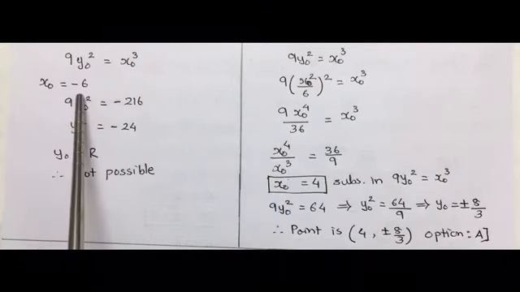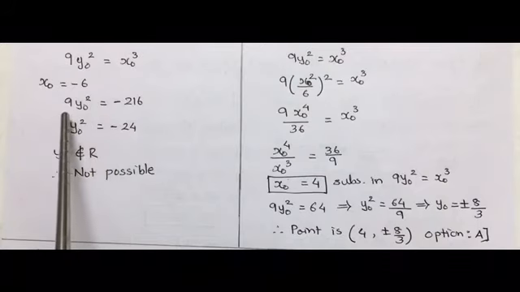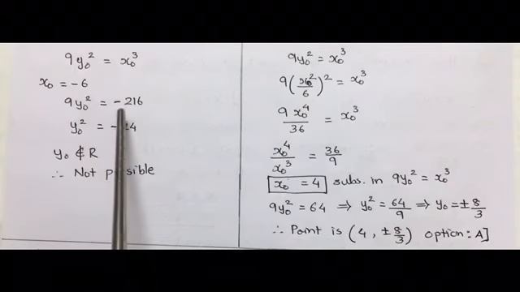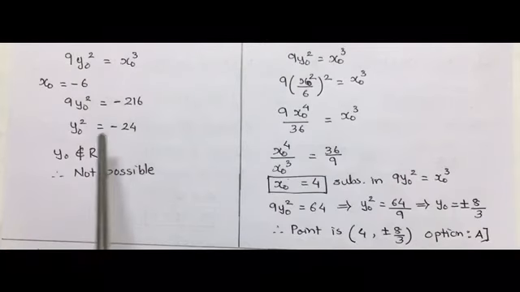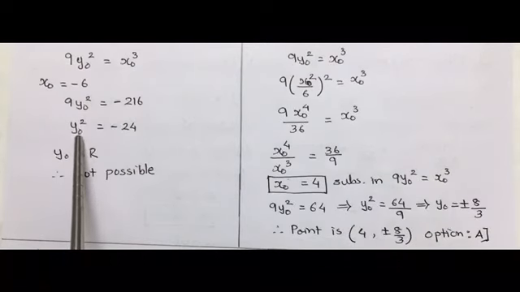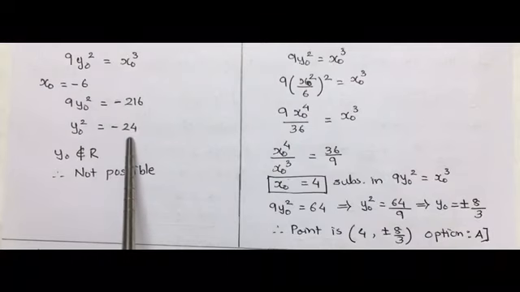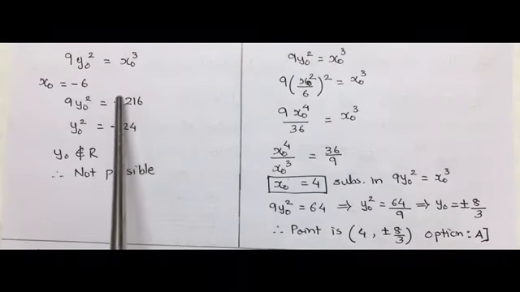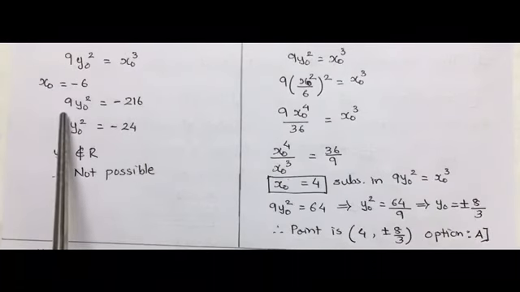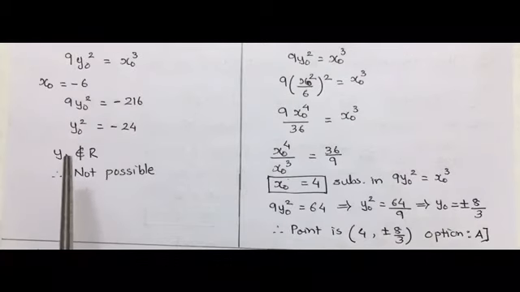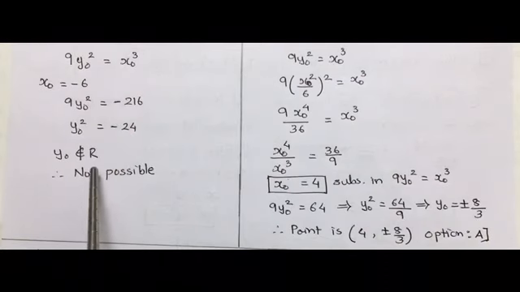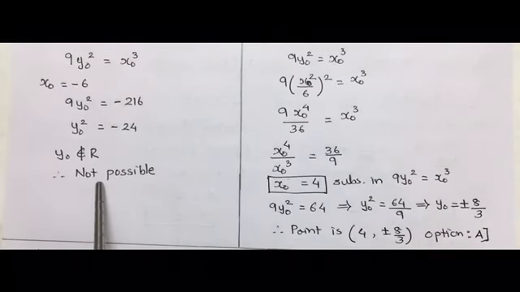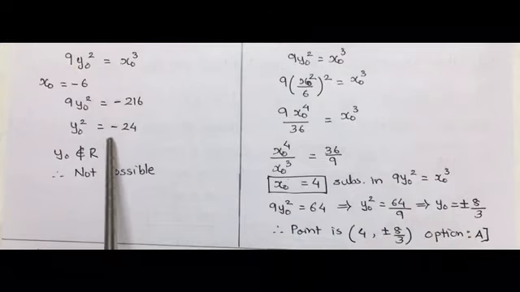Taking x0 equal to minus 6, we get 9y0 square equal to minus 6 cube, which gives minus 216. So y0 square will be equal to minus 24 after cancelling 216 with 9. Now y0 square equal to minus 24 is not possible because it does not belong to R, as the root of a negative number does not exist in R.